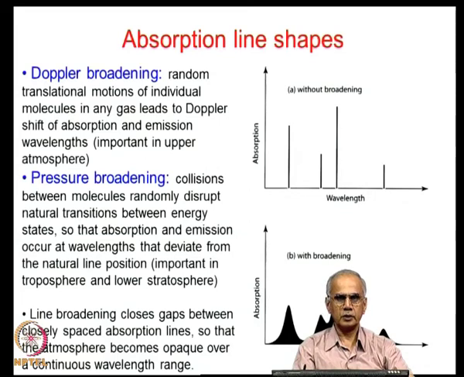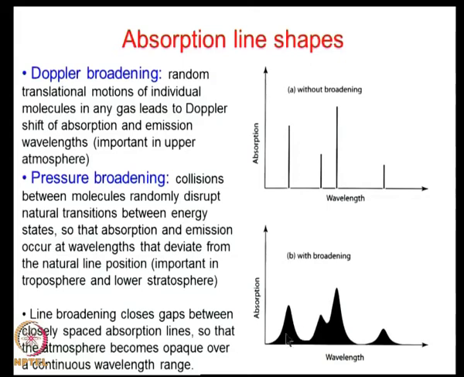Now, here it shows how we go from a line spectra to a broadened one. Our task is to identify the wavelength for each of these lines, and then see how, after the line is broadened by collision, the different lines overlap.